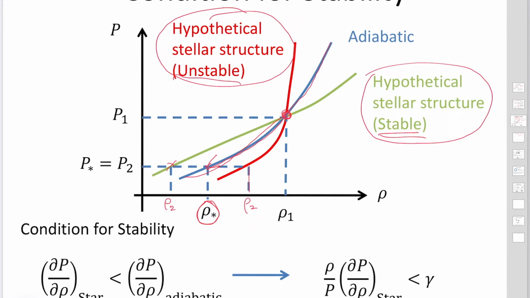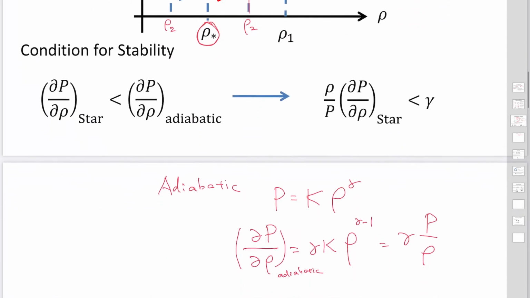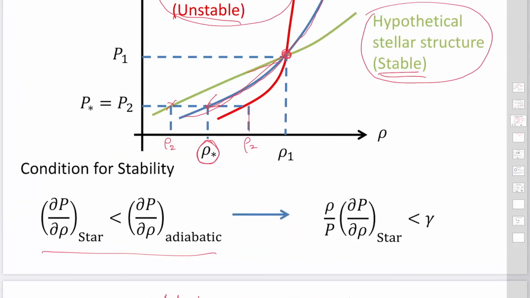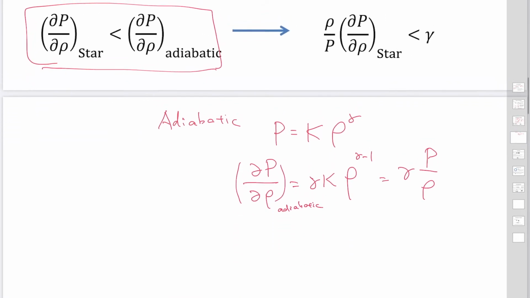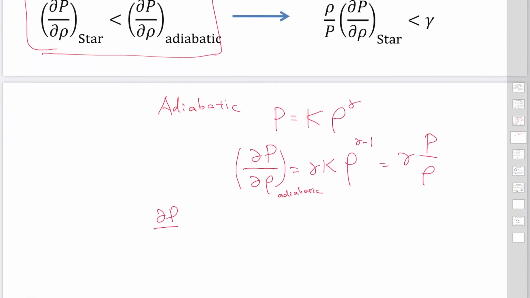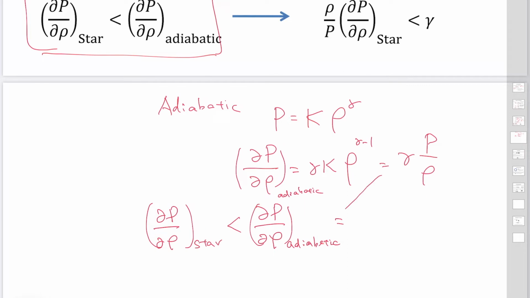So the condition for stability is expressed. If the slope is shallower than the adiabatic slope, that is the condition for stability. So you can substitute: this is ∂P/∂ρ of the star, which is less than ∂P/∂ρ adiabatic, which is γP over ρ.